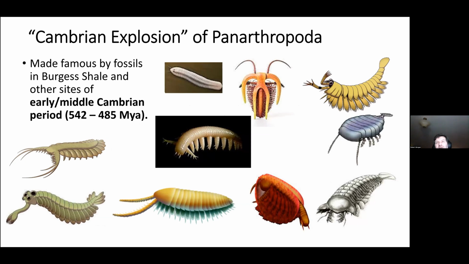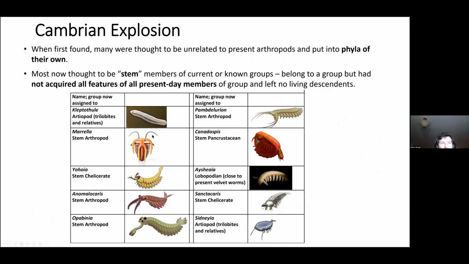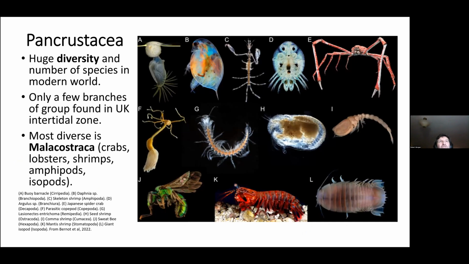All kinds of bizarre organisms and different types of things we now believe are related to crustaceans originated at this time. And there's very little trace of them any earlier. And so the crustaceans are a hugely diverse group, and actually only a small proportion of the different branches are found in the intertidal zone. A lot of them are found in deep water, and some of them, like the insects, are mainly found on land, and others are found only in fresh water.